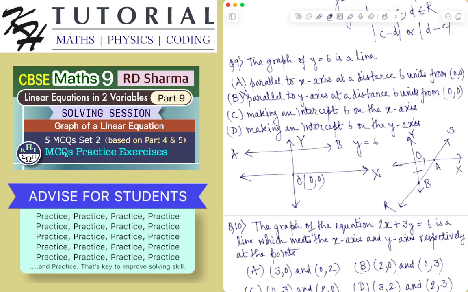It is intersecting the y-axis at the point, let's say P, which will be (0, 6). The point P is at a distance 6 from the origin. Now can we say that this line AB, which is parallel to the x-axis, is making an intercept 6 on the y-axis? Is it making an intercept 6 on the y-axis?